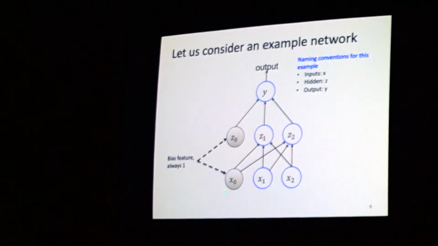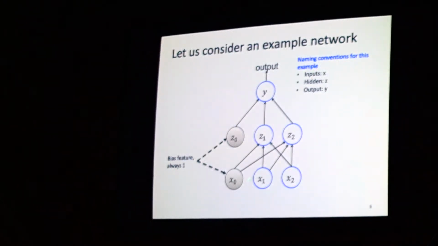And x0 is 1. So you can see that this linear combination has the same form as the linear classifier: w1 x1 plus w2 x2 plus some w0 times 1. Because x0 is 1, w0 is actually the bias parameter. Does it make sense? Any questions regarding this notation?